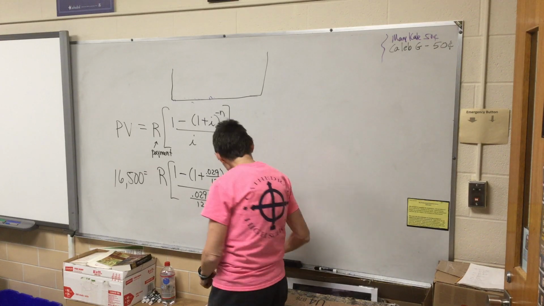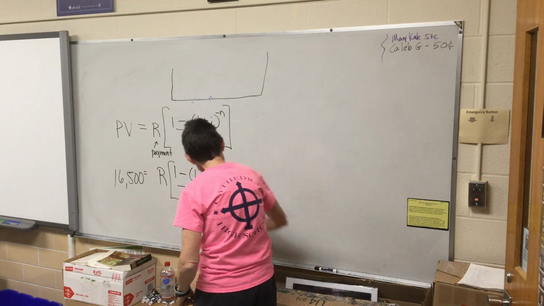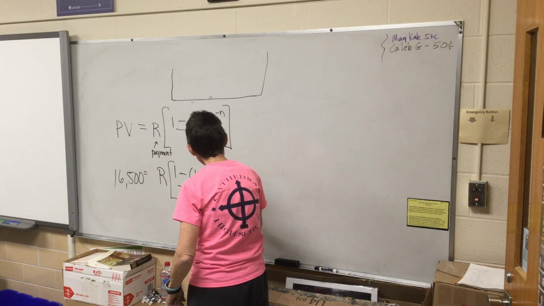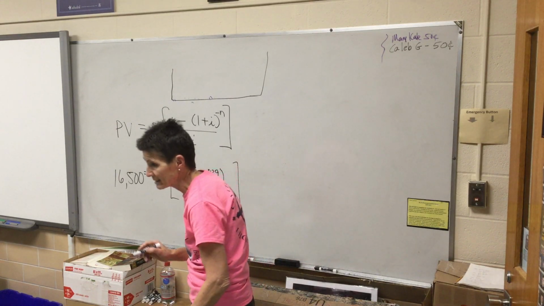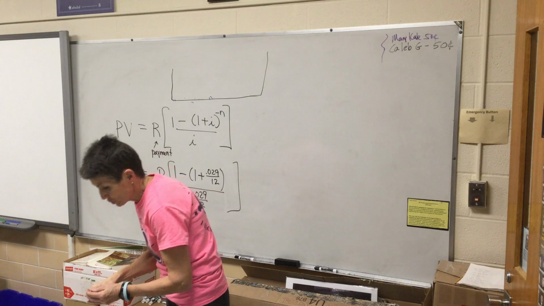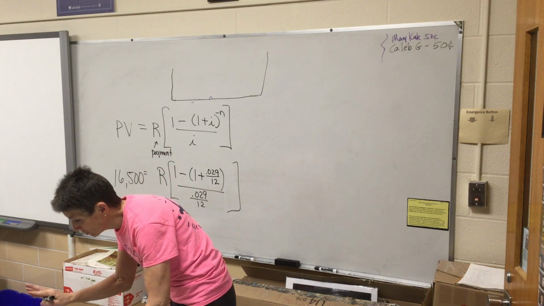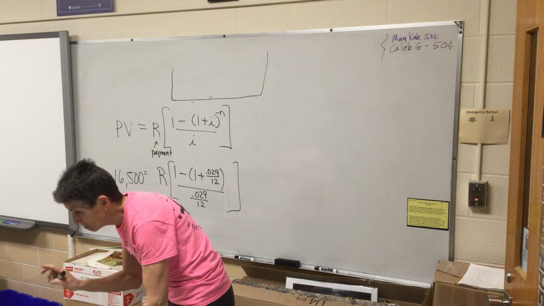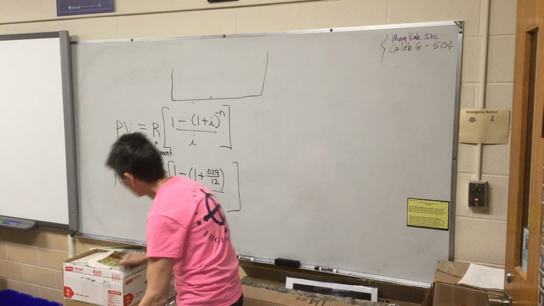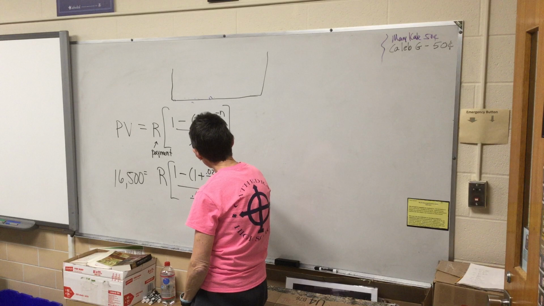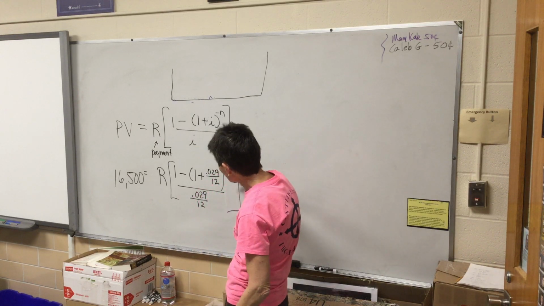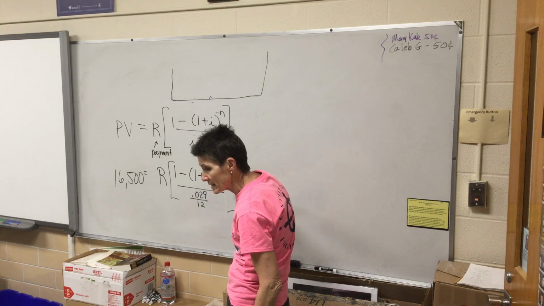And then the N is the total number of payments you're going to make. So look at the problem. It's a 4-year loan. He's making monthly payments. So my N is 48. So my exponent here is negative 48.